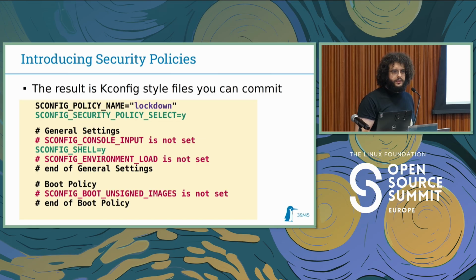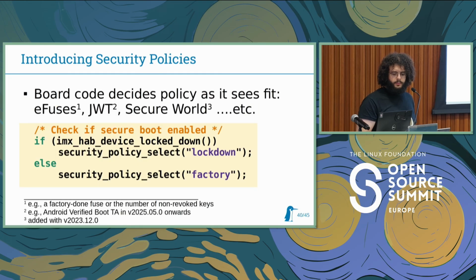At the end, you get a number of kconfig style files. They start with sconfig instead of config. And these files, when you add them to the build system, which you did in the first step, they are linked into your barebox binary. And then at runtime, you can actually select them by name.